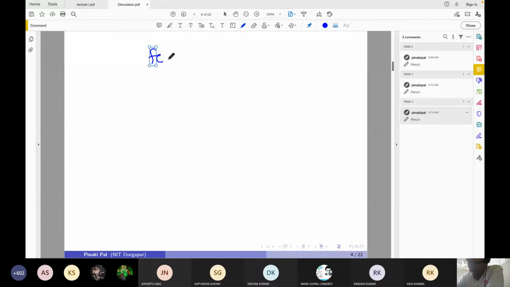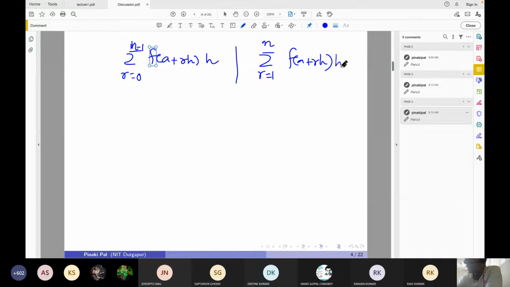We take the summation of f(A plus rh) times h, with r equal to either 0 to n minus 1, or we consider the sum r equal to 1 to n of f(A plus rh) times h. So this is called left hand approximation and this one is right hand approximation.